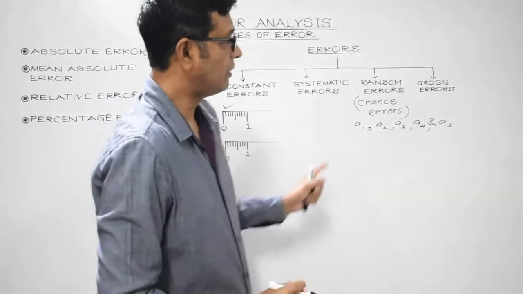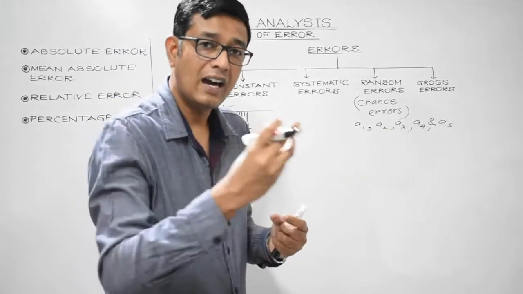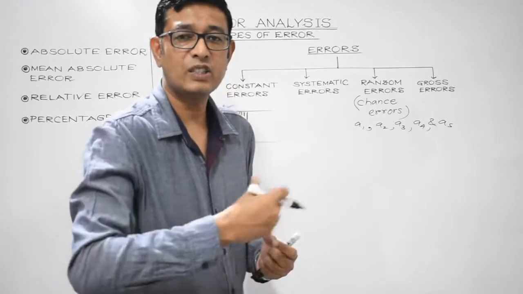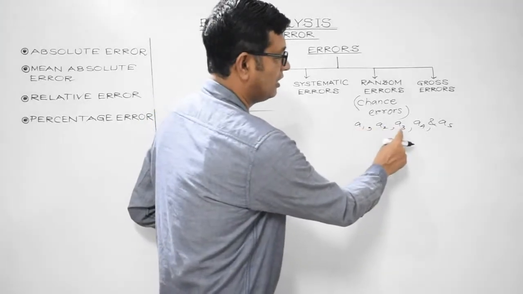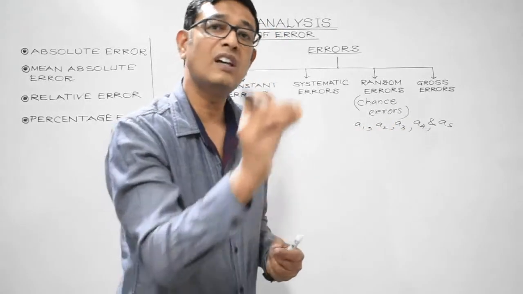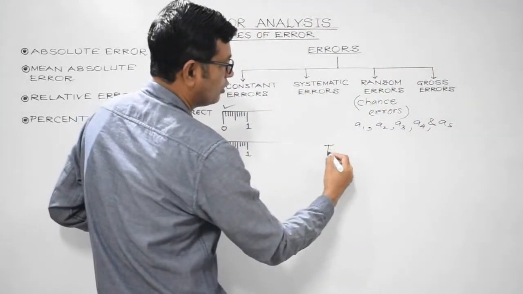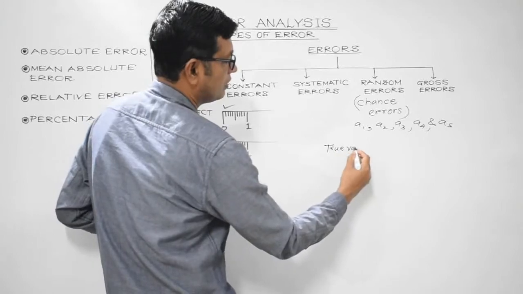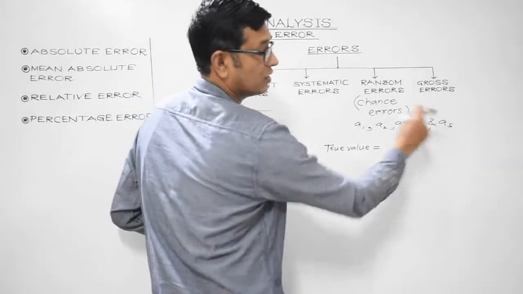Now in order to minimize the error, what should we do? We should take its average value, its arithmetic mean, because the arithmetic mean of all these measured values would be closest to the actual value of that physical quantity. So the true value of the physical quantity would be given by the arithmetic mean of this.